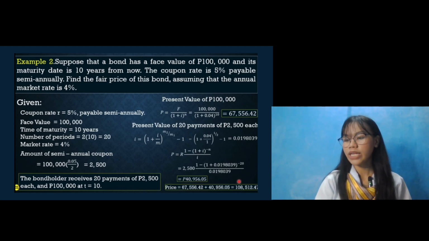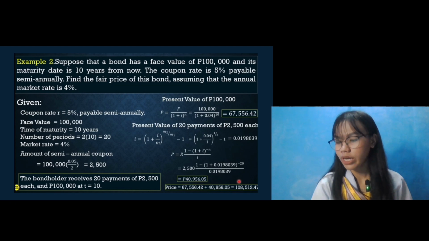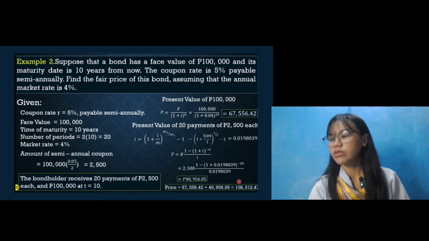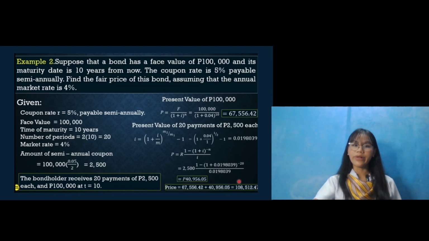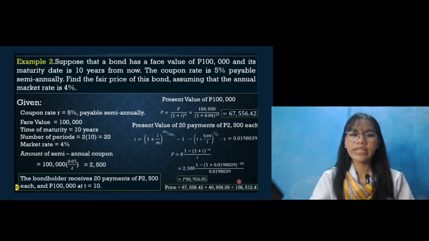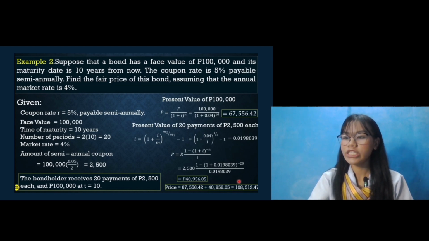So if your answer would be 0.0198039, so that is correct. Now, we can now solve for our P, which is our present value in our 20 payments in our semi-annual coupon.